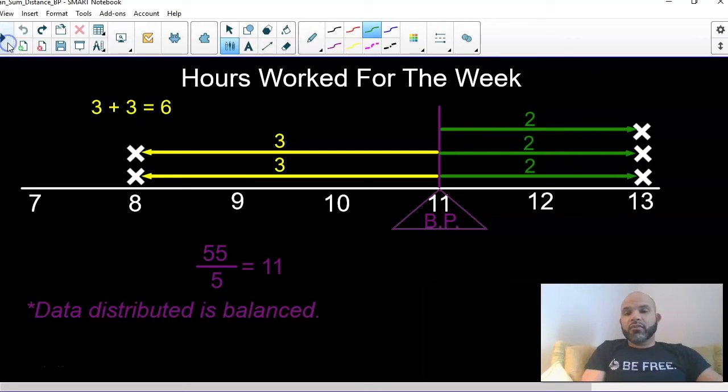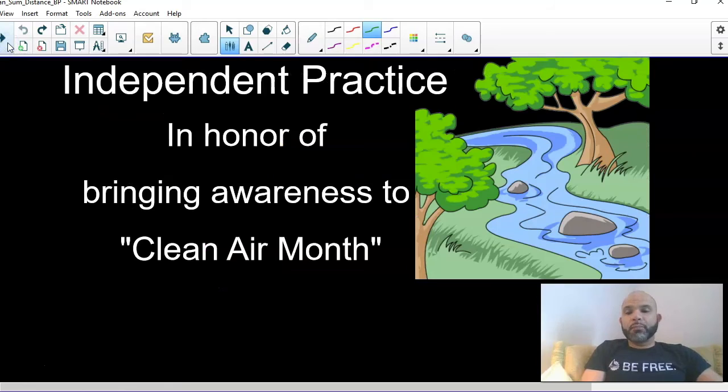And then you look on the right-hand side, and there you see, hey, 2 plus 2 plus 2 also equals 6. So my data distribution is definitely balanced, which can assure me that my balance point is also accurate, okay? And that is what you're going to work on in your independent practice.